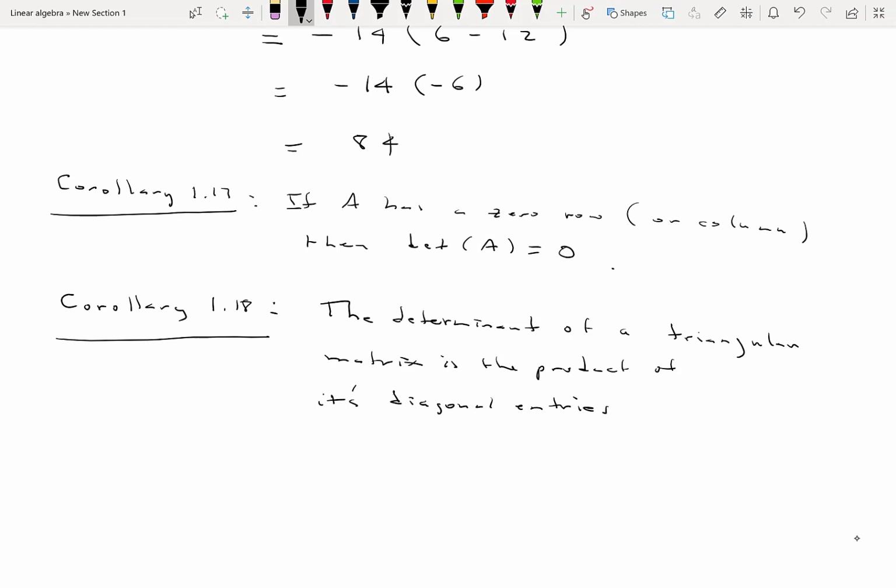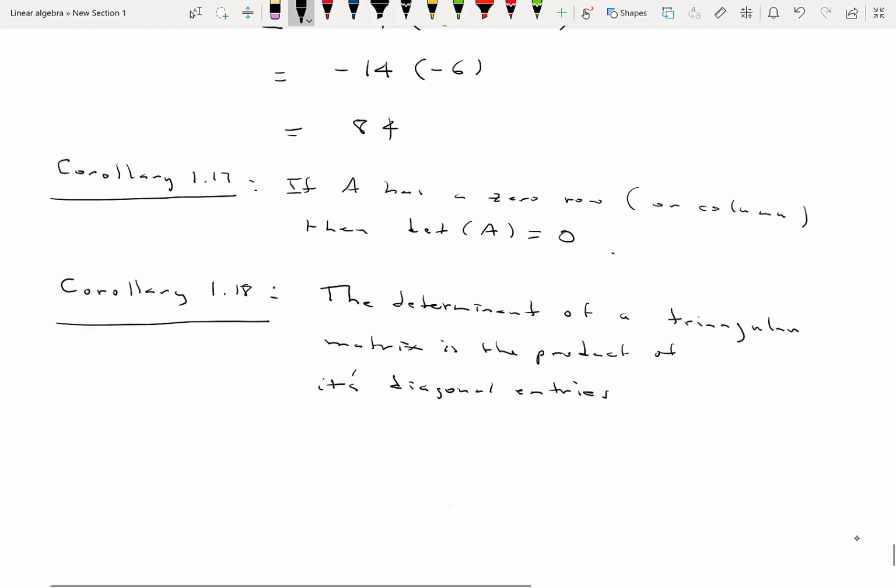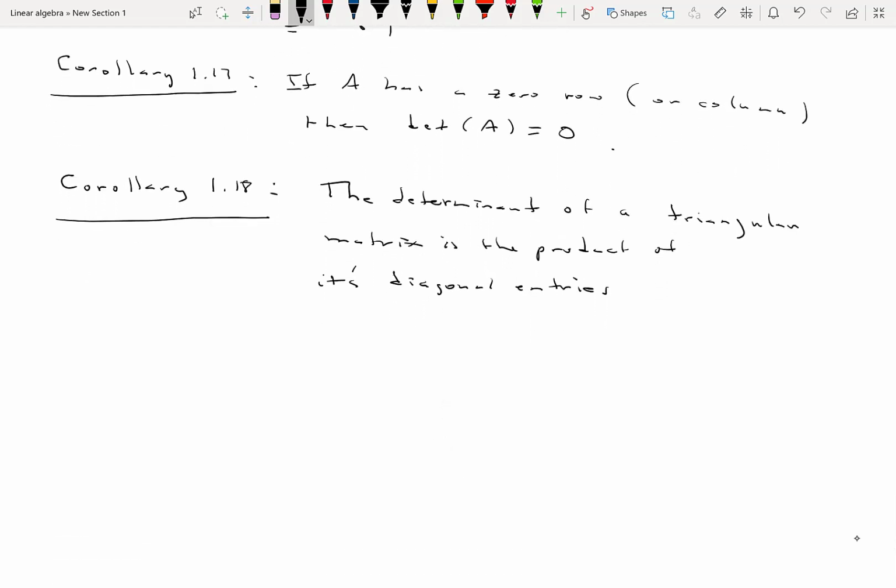We'll prove that. That just means if you have an upper or lower triangular matrix, just multiply the entries on the main diagonal, and you get the value of the determinant. Easy to see.